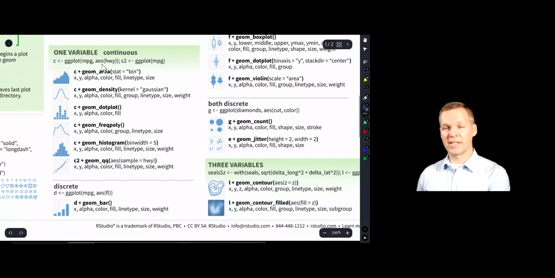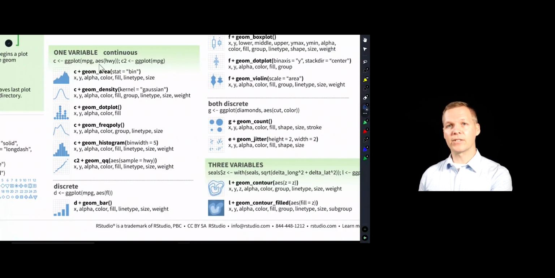And then I'm going to specify some aesthetics of the plot. And so aesthetics are just things like the x variable, the y variable, the coloring of points. And by default, if you don't specify which one this is, it's going to specify your x variable first. So this is saying my x variable here is going to be the highway variable. And then here are the different layers that you might add to that.